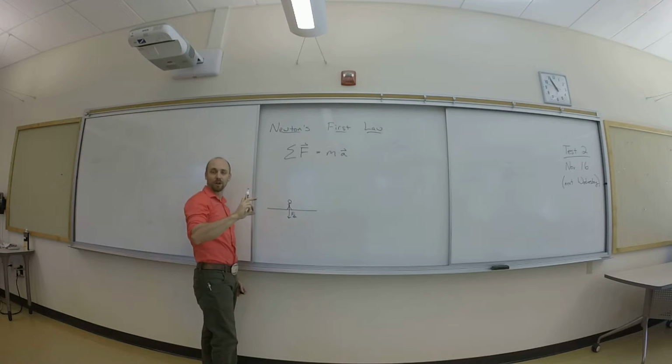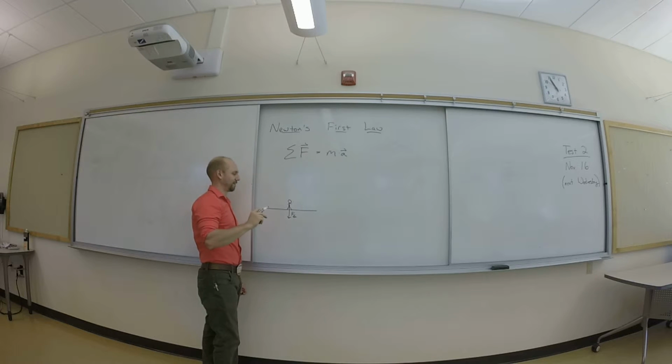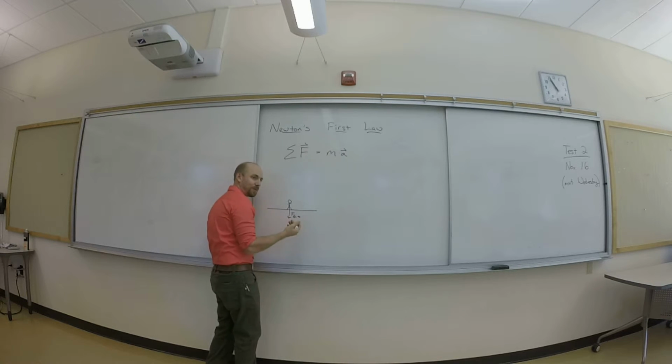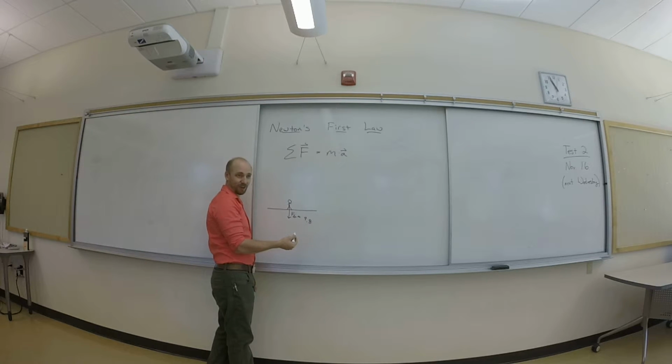How hard does gravity pull on you? 9.8. Okay, so you guys apparently know this is 9.8 meters per second squared. That's the acceleration due to gravity. So how much do you weigh?